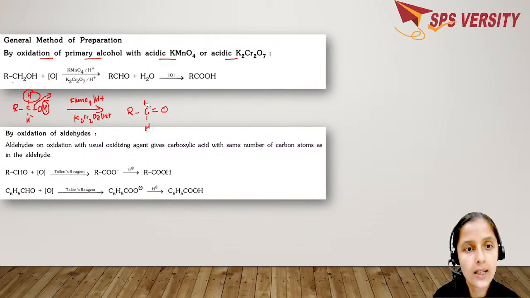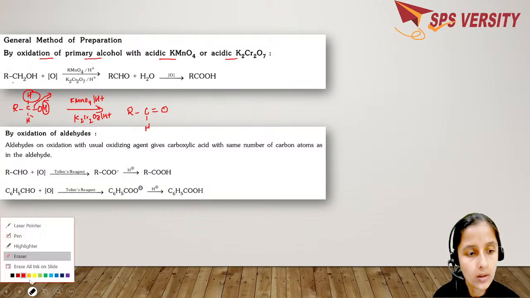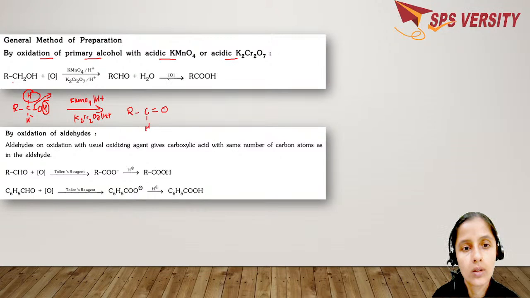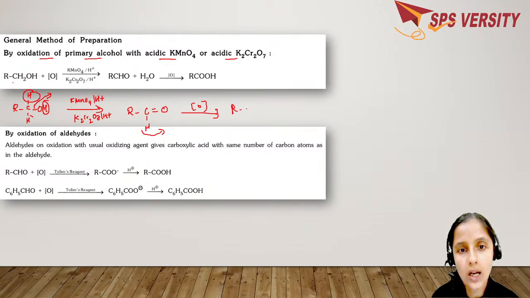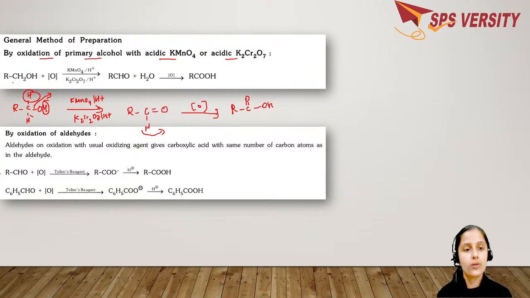This is nothing but an aldehyde, which on further oxidation will give you, this is where the oxygen gets added, so you get RC double bond OH, that is RCOOH. Just like here you are using KMnO4 in the presence of an acid, so alcohols directly get converted to carboxylic acid.